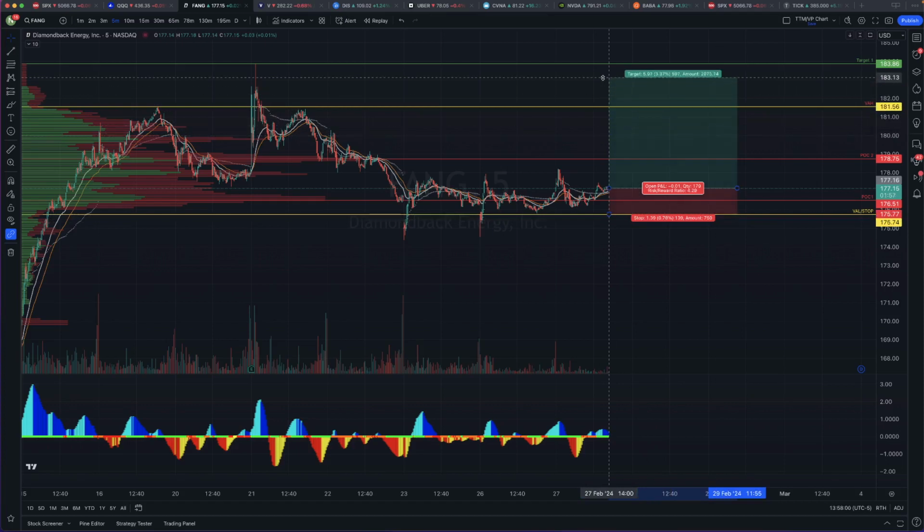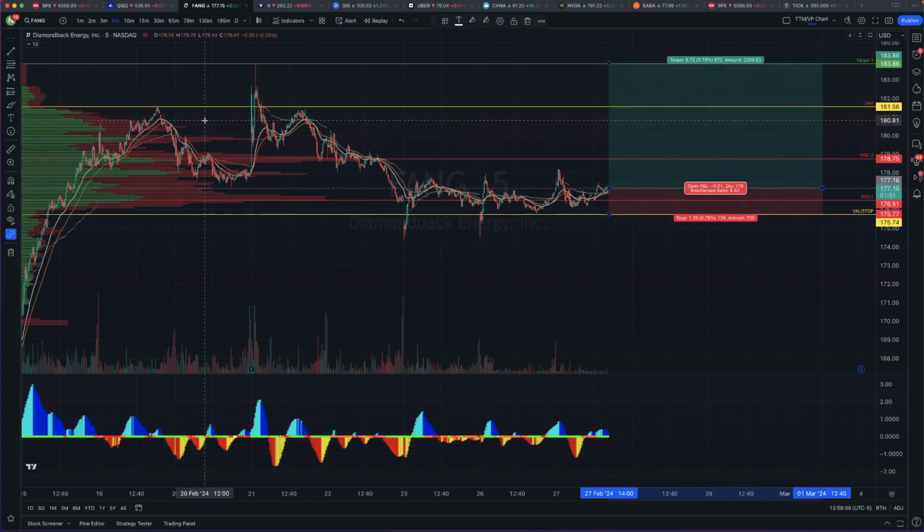And I set my target to the target number 1, that's going to give me a 5-to-1 risk reward, roughly 4.83, right? So that's a good risk reward for this kind of a trade.